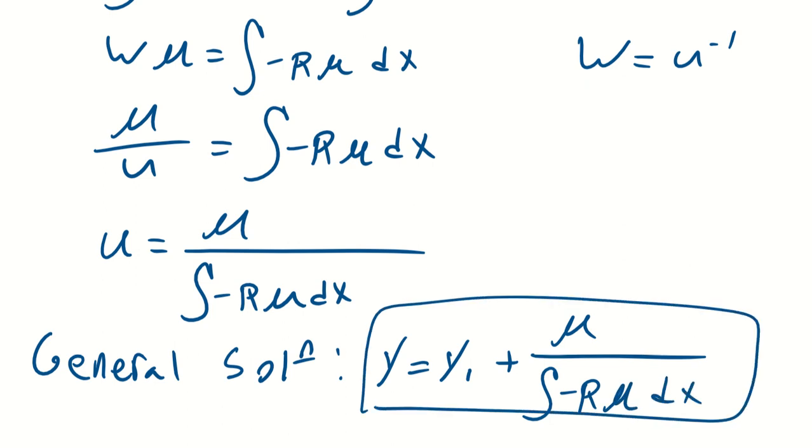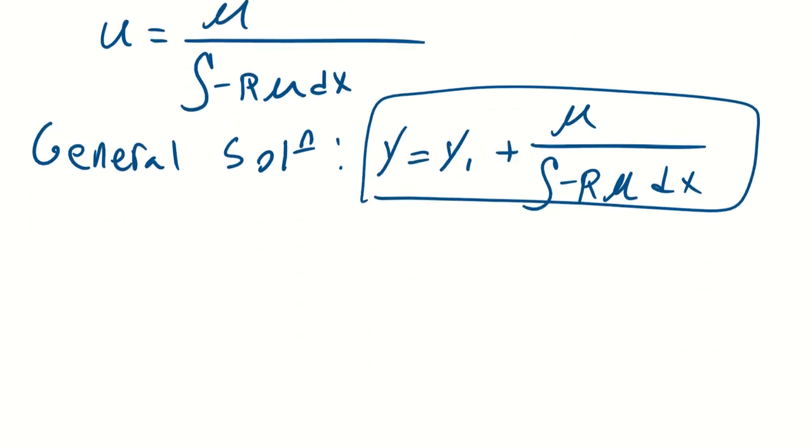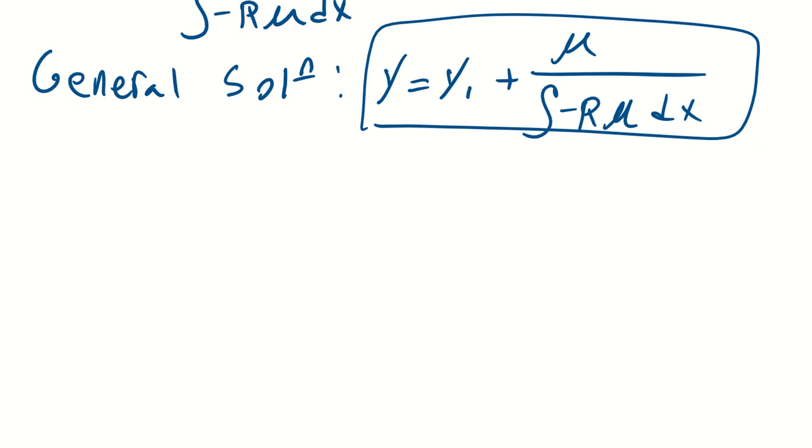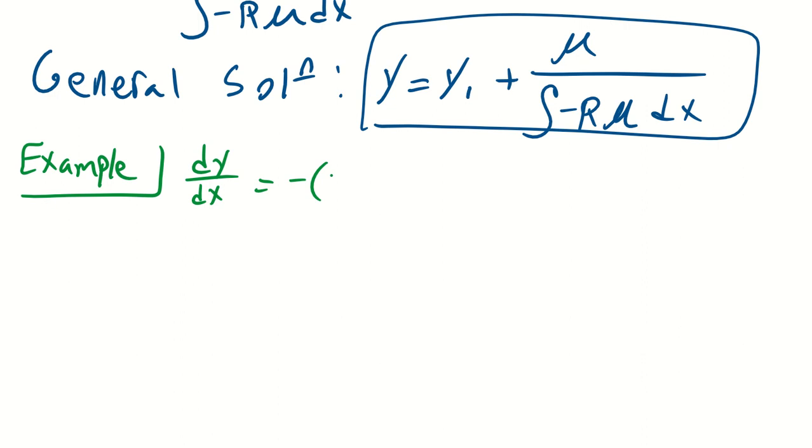Not bad. But how about doing an example and following the same exact pattern to put some meat on this proof? Because it's pretty general and pretty abstract in its own way. So let's say we have dy/dx is equal to minus (1 plus x squared) minus (2x plus 1)y minus y squared.